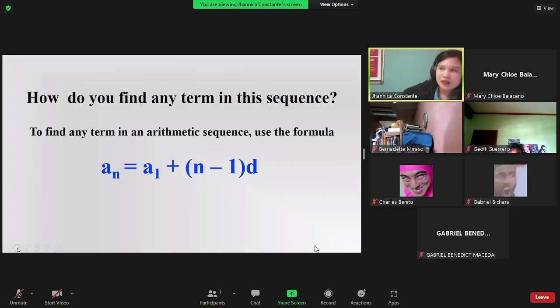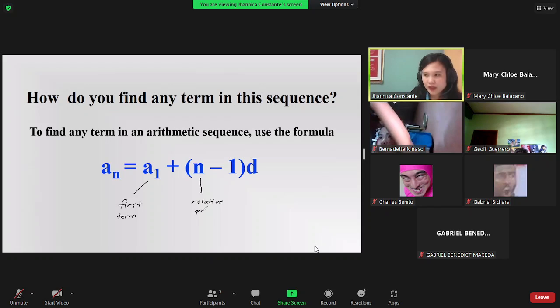The formula for a specific term of our arithmetic sequence is an equals a sub 1 plus n minus 1 times d, wherein a sub 1 stands for the first term of our arithmetic sequence, n stands for the relative position that you're solving, and d stands for the common difference. So that's the formula of an arithmetic sequence for solving a specific term.